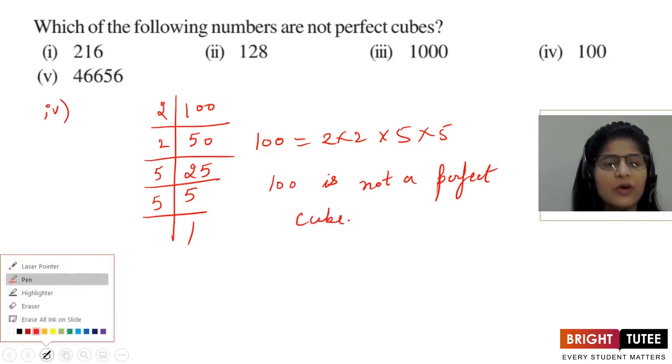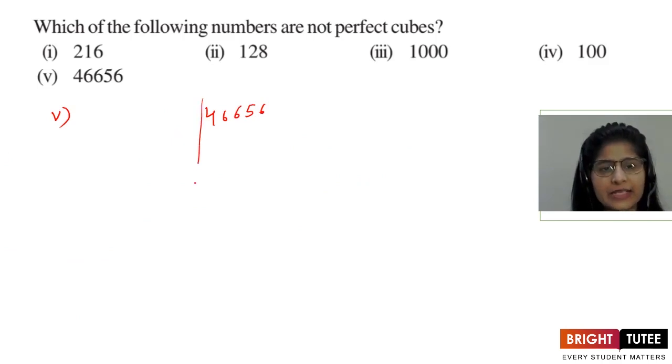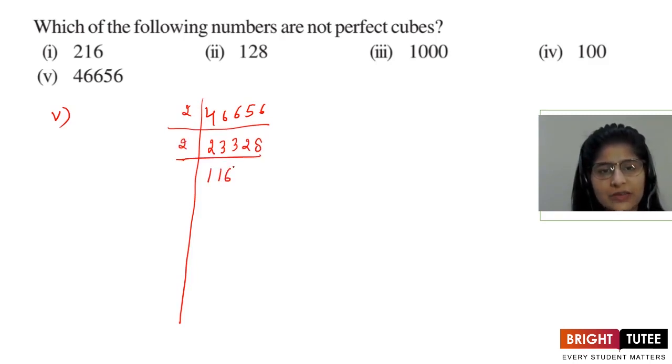Okay, we'll now find the last part, that is the fifth part. It is 46,656. Let's try to prime factorize it now. With 2 we will start. 2 2s are 4, 2 3s are 6, 2 3s are 6, 2 2s are 4, and 2 8s are 16. Again with 2, 2 1s are 2, 2 1s are 2, 2 6s are 12, 2 6s are 12, 2 4s are 8.